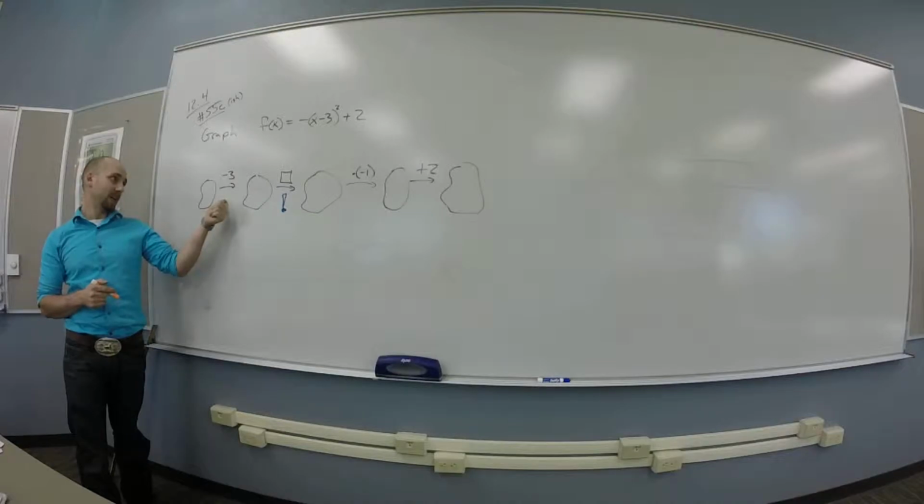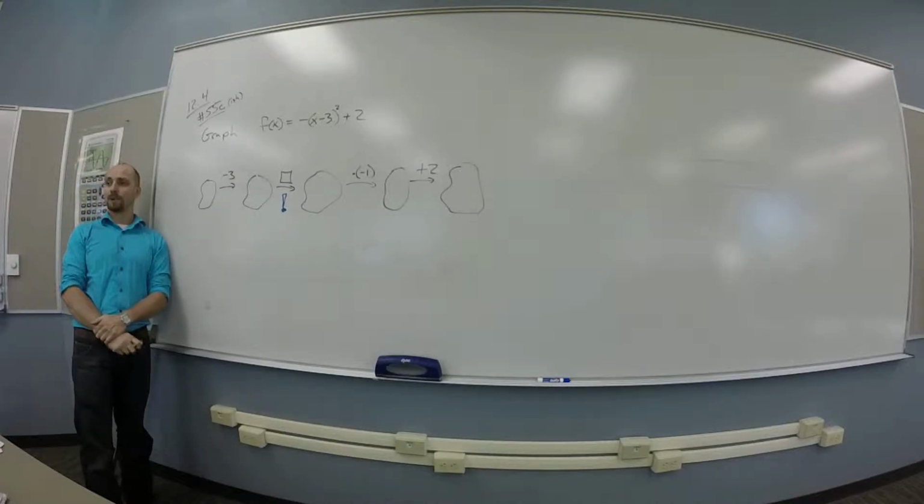So this -3 happens before the function that's giving me my shape, right? So that's an input or output kind of thing. Is that changing the inputs or changing the outputs? Yeah, that's changing the inputs, because it's happening before I do the rule, right?